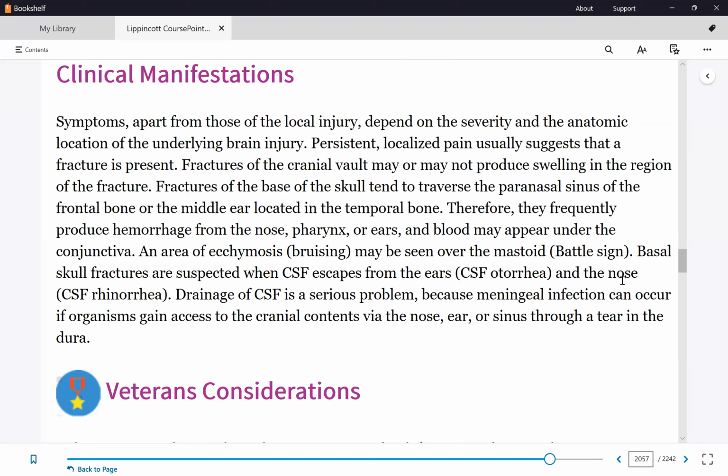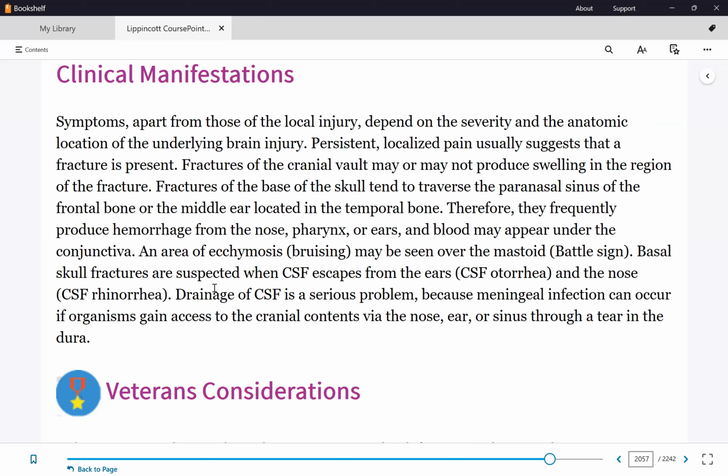For any of these bleedings, we check for the presence of CSF because very rarely will it just appear as clear drainage. It's always mixed with blood. We cannot use a dextrose test because blood will have glucose, right? So it would make sense if you check a bloody drainage, of course it will be positive with sugar, because blood has sugar.